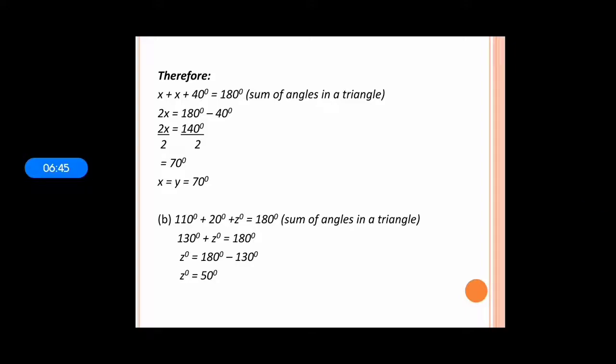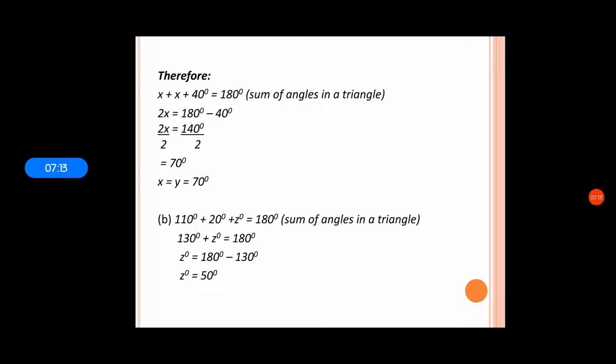And to the last question we have here, you can see that we have an exterior angle. That is an angle that is outside the triangle. So we have 98 as an exterior angle here. And you can see that the line here forms 98 and A forms an adjacent angle.